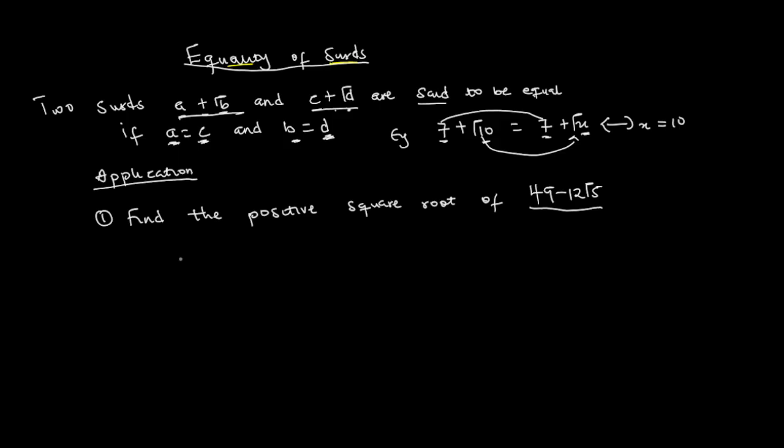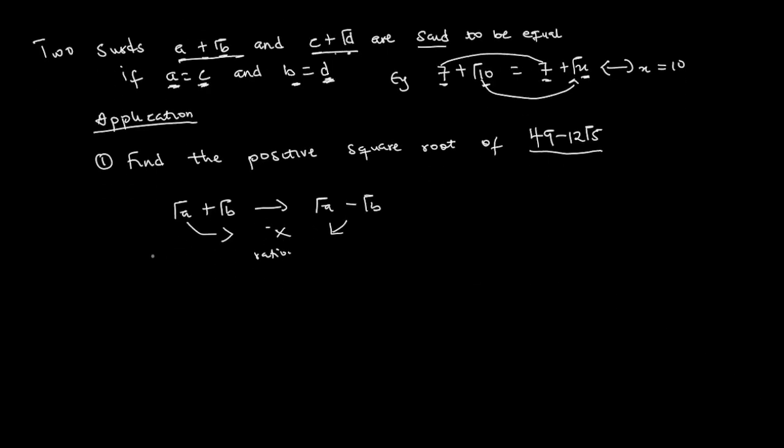If you have root of a plus root of b, its conjugate is root of a minus root of b, and anytime you multiply a surd by its conjugate, you transform it from a surd into a rational number, right? Now, what about when we multiply a surd by itself? Have you ever wondered what's going to happen? Let's look at that one.